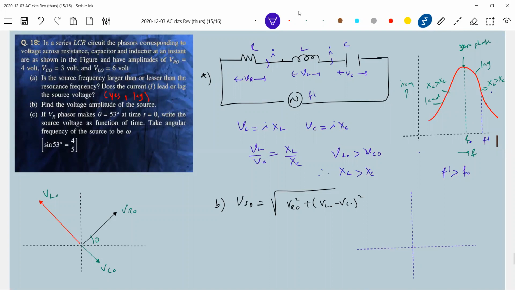So we know this is the VLO. Can we say how much this remaining angle will be? 37 degrees.